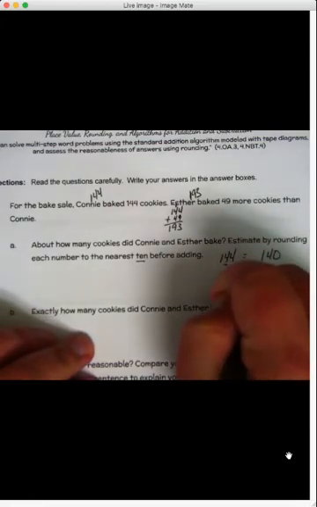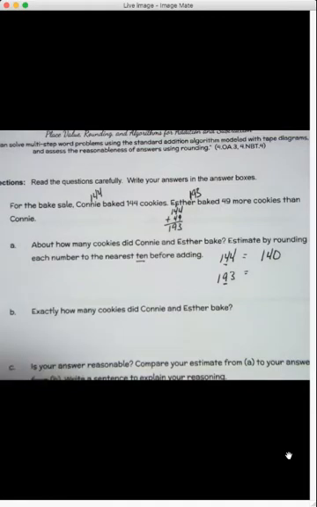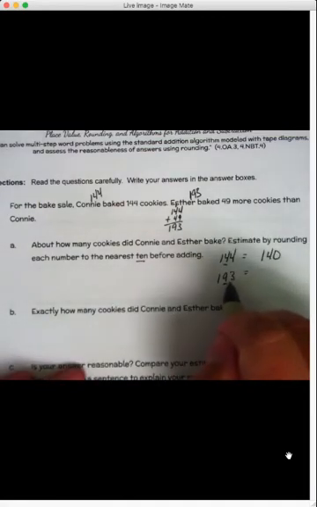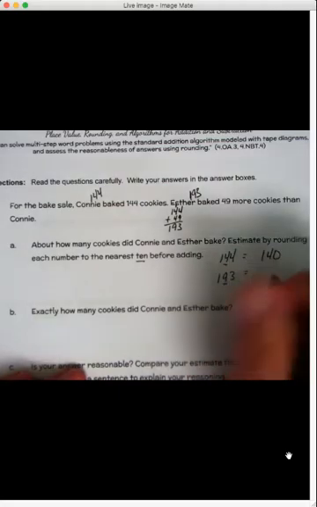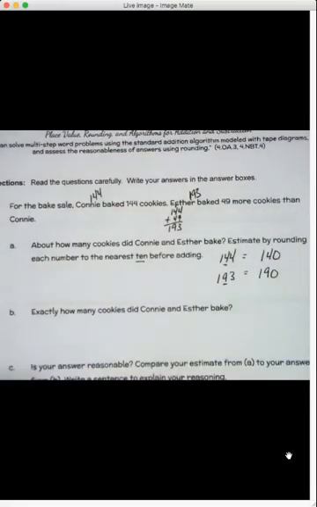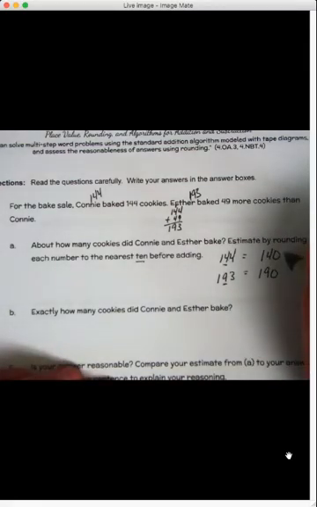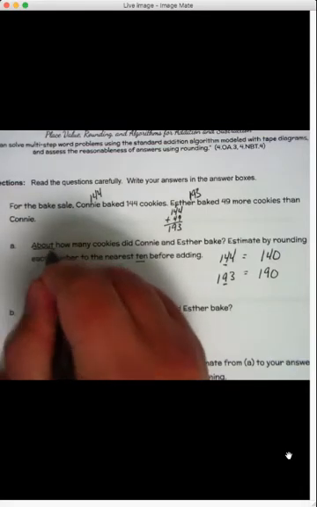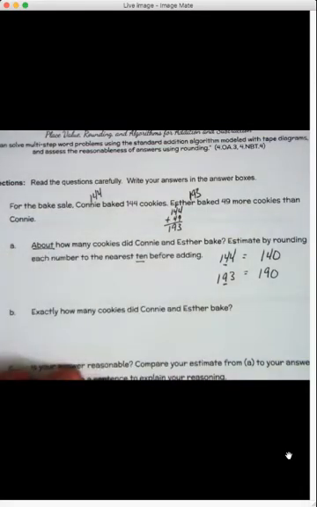We're rounding to the nearest 10. Okay, so we got a 3 to the side of it. 4 or less, let it rest. That 9 is going to stay a 9. So Esther baked about 190 cookies. So Connie baked about 140. Esther baked about 190. That about is the key word because it's wanting us to round.